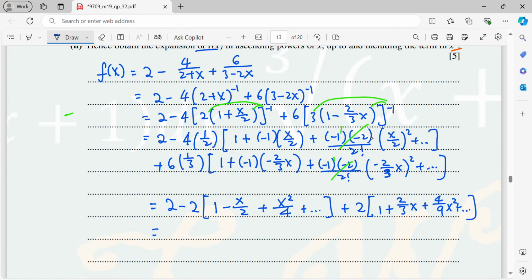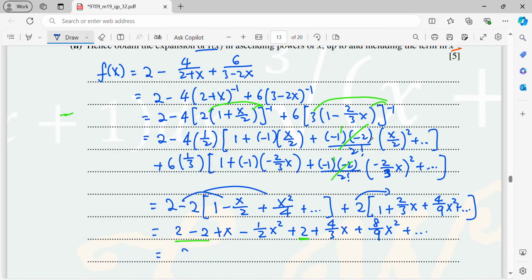Then now just open all the brackets. You will be getting 2 minus 2. So this minus 2, bring it in. It will be plus x. Then minus 1 over 2 x squared. These two, again multiply in. You will be getting plus 2 plus 4 over 3 x plus 8 over 9 x squared. Okay, so now simplify all the constants. So the first two terms will be cancelled off. Left the 2.